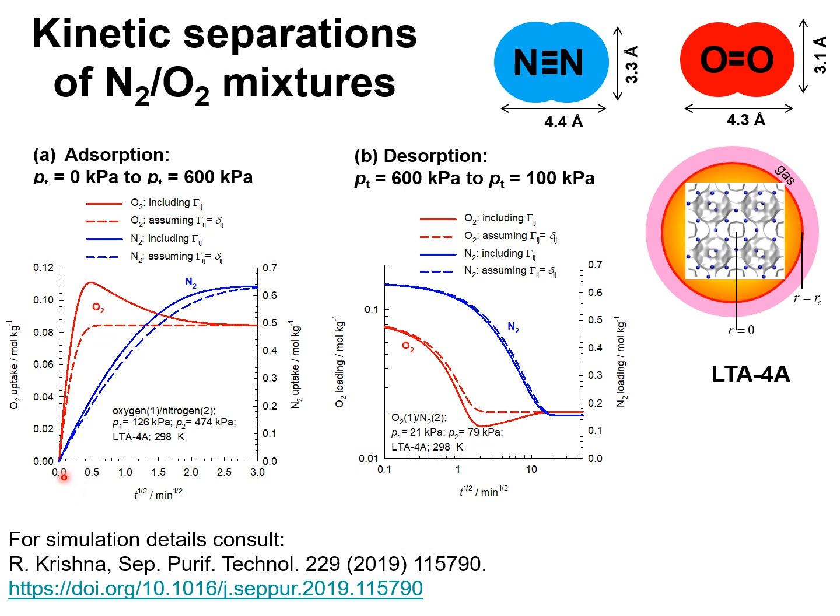Taking due account of thermodynamic coupling, we note that the oxygen loading experiences a significant overshoot as it approaches thermodynamic equilibrium. Nitrogen, on the other hand, approaches thermodynamic equilibrium in a monotonous manner.